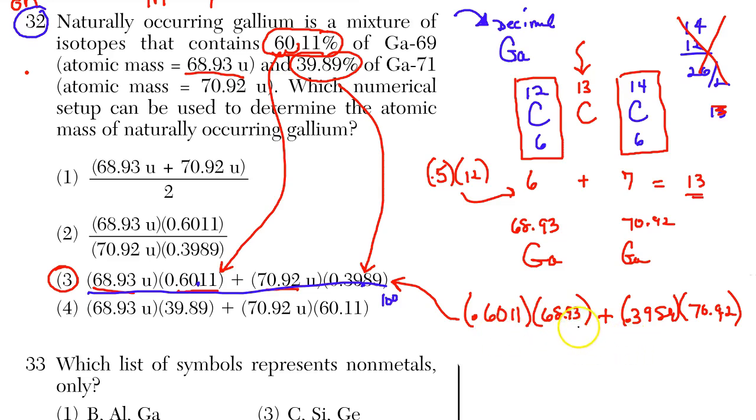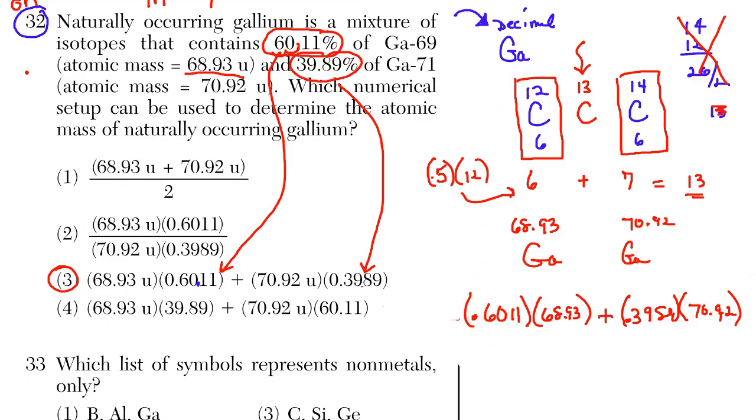And I've seen old questions, although I haven't seen this in a while, where they did this for a 2-point question for the setup. So sometimes they'll just ask for the setup and you'd be golden, and that's all they're looking for. Number 32 is choice 3. Okay, and again, just be aware sometimes they don't move the decimal place. You could actually divide by 100 there to do that. All right, so choice 3 is the answer.